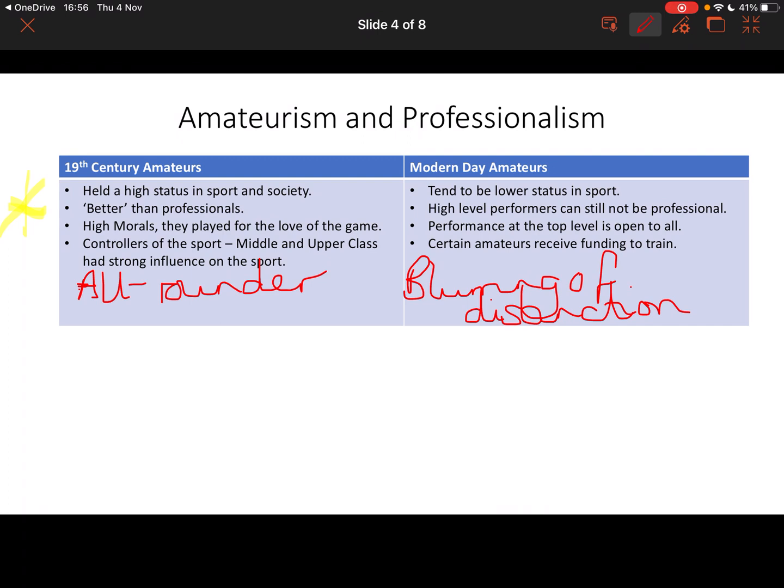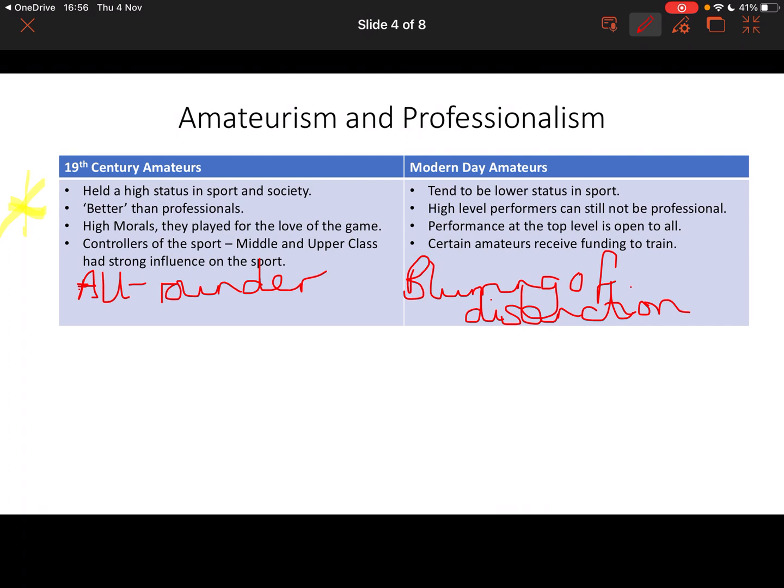So you can see there, 19th century amateurs are the highest status in society, whereas modern day, post-World War II, they have a much lower status. That's not to say, though, that all high-level performers become professionals. They're not. A really good example for modern-day amateurism is if you look at open golf tournaments, for example.